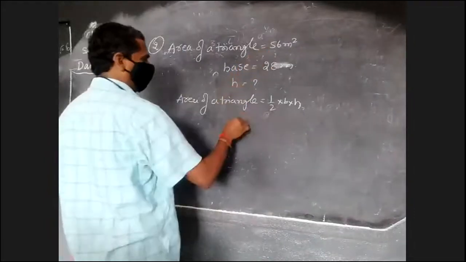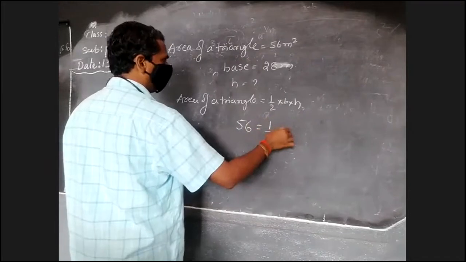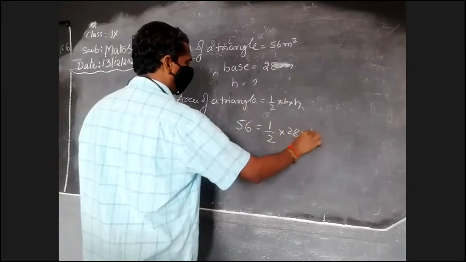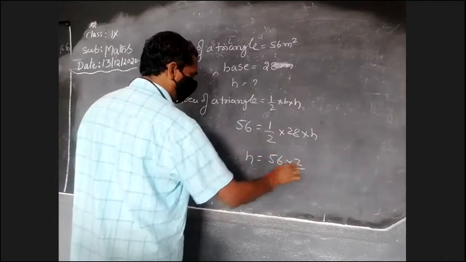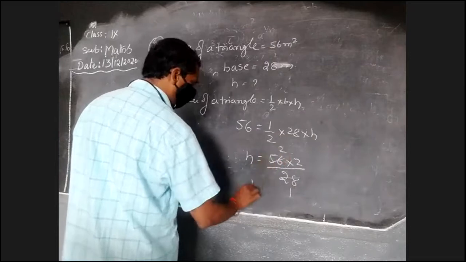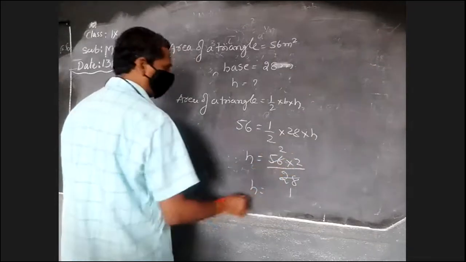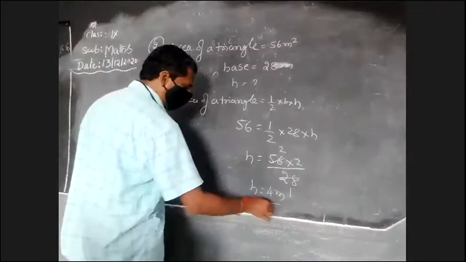So area of a triangle is 56, half, base is 28 into h. Then h equals 56 into 2 by 28. 28 ones are 28, twos are. h equals 4 meters. So the height of the triangle is 4 meters.